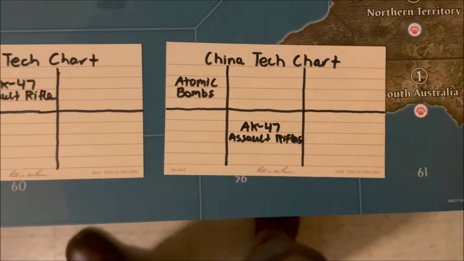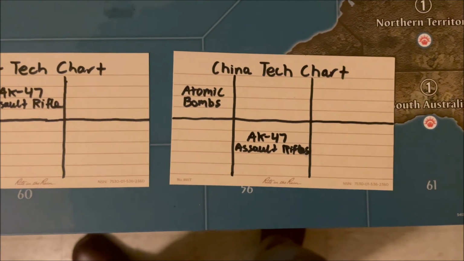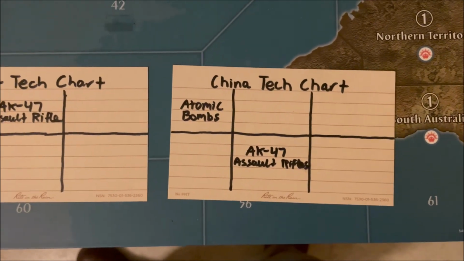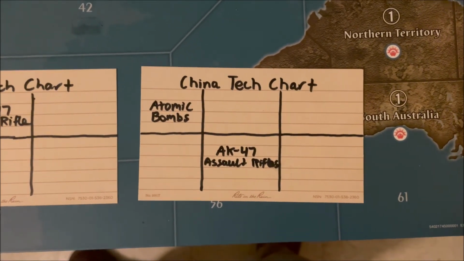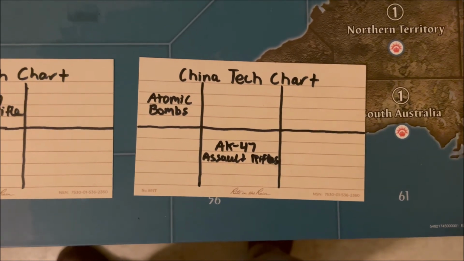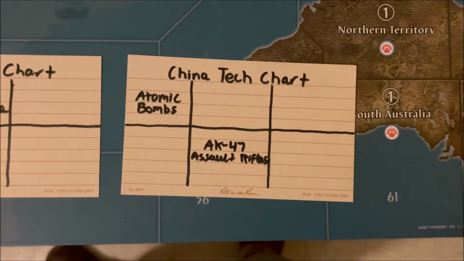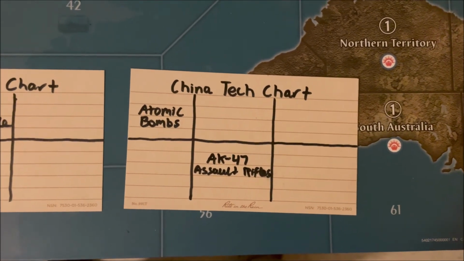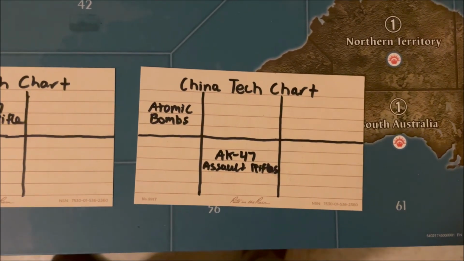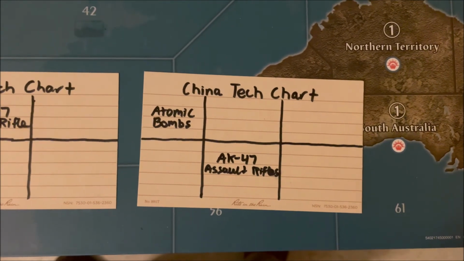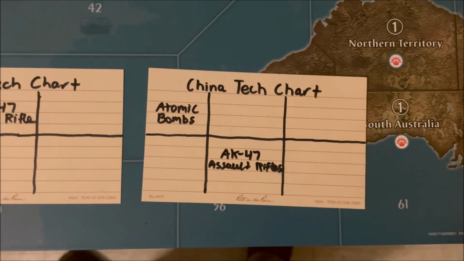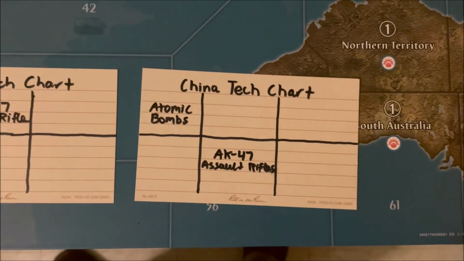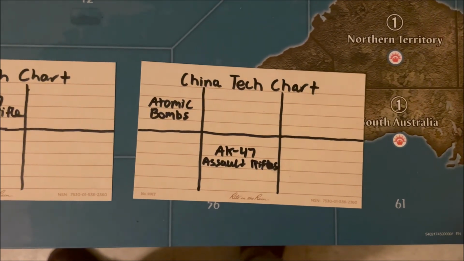And then moving over to China, China's tech: atomic bombs, same thing as NATO. The Chinese didn't develop nuclear weapons until around the late 50s, early 60s, so this is just something that they have to unlock by themselves. We have thought about putting a turn limit on being able to even attempt to unlock that technology. We're not entirely sure yet if we are or not. And then same thing for the AK-47.